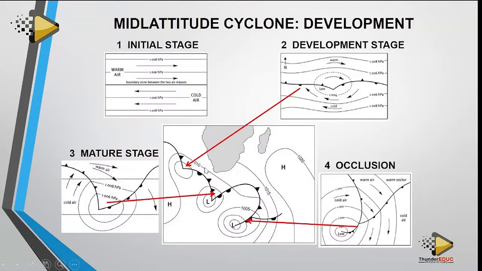Now, how would we identify with evidence which one would be older? You can look at this one here, looking at the pressure, and you can look at this one here, looking at the pressure again. You can also see this one which is further east has already reached the occlusion stage, but this one is still in the mature stage.